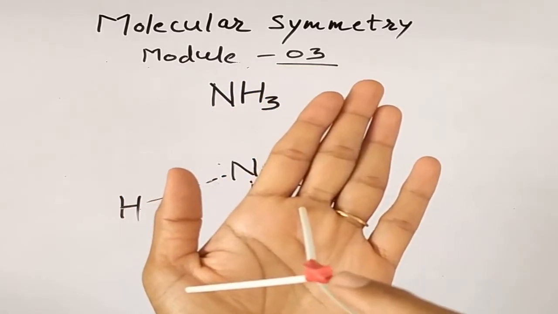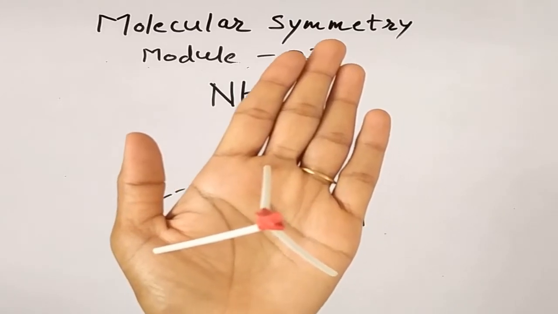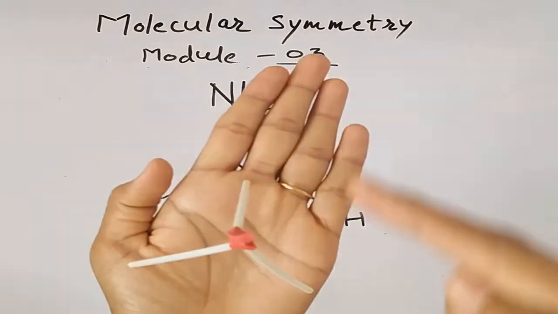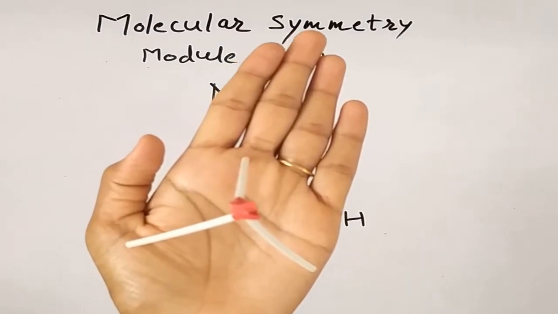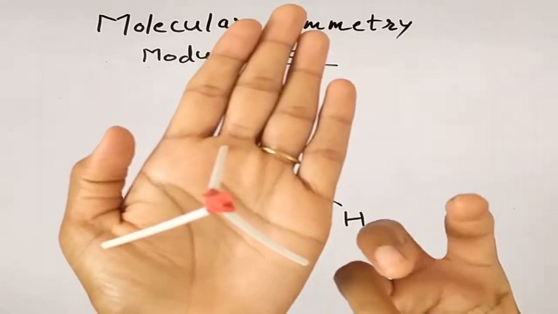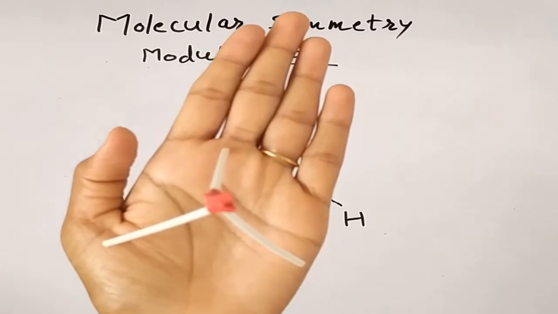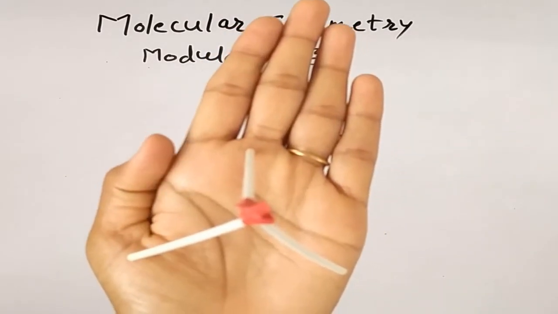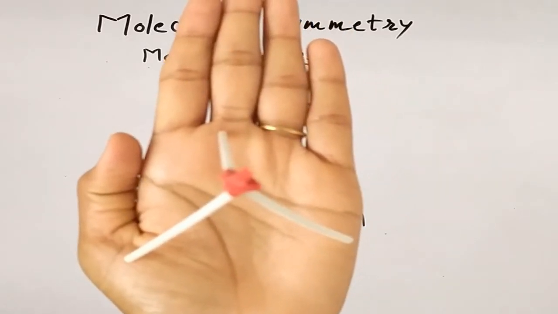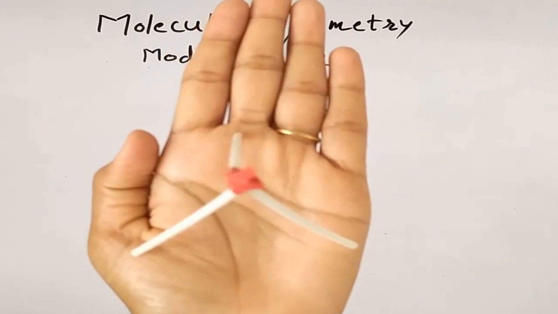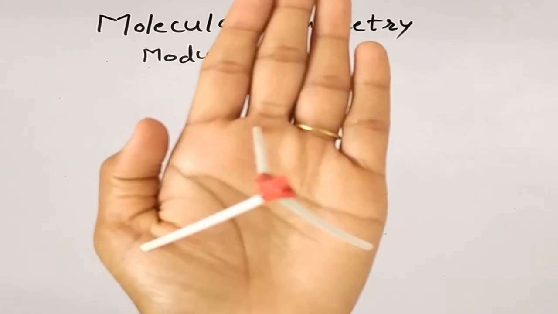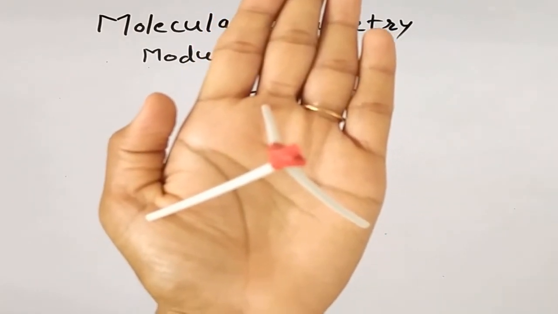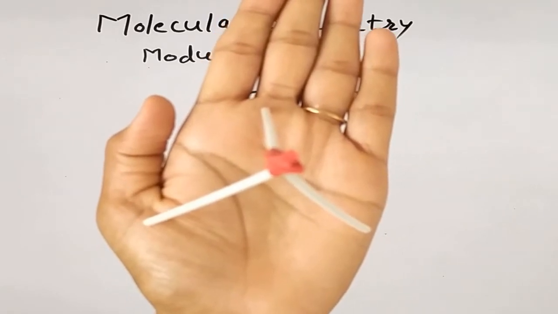The red one you have to consider as the nitrogen atom present at the center, and these are the 3 hydrogen atoms present at the base of a pyramid. Depending upon the knowledge you have got till now about symmetry or rotations of molecules, try to find out the rotational axis present in this.